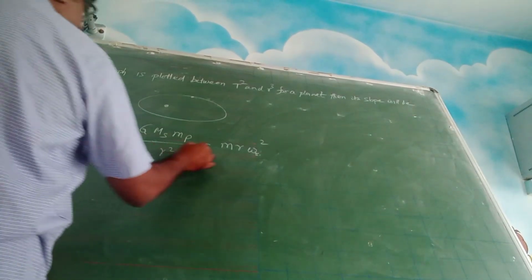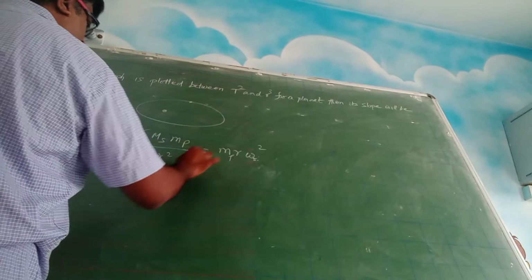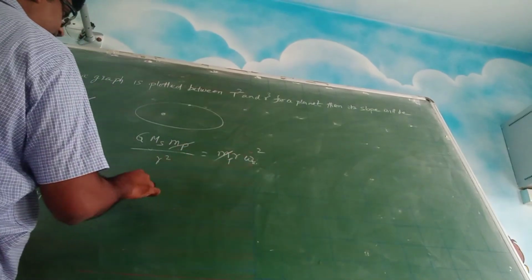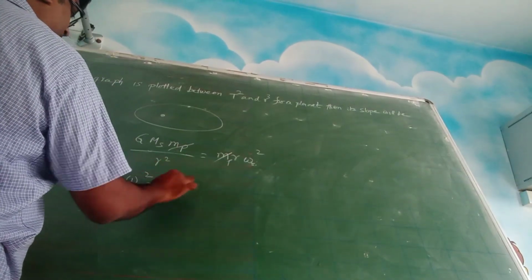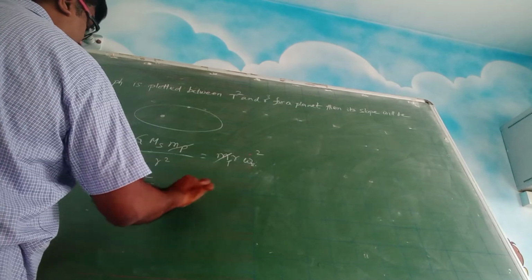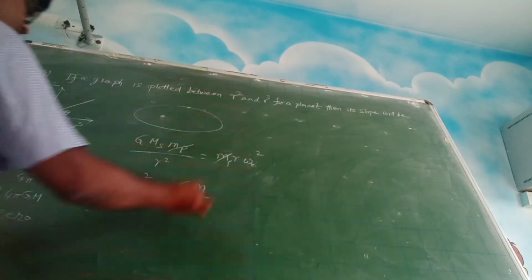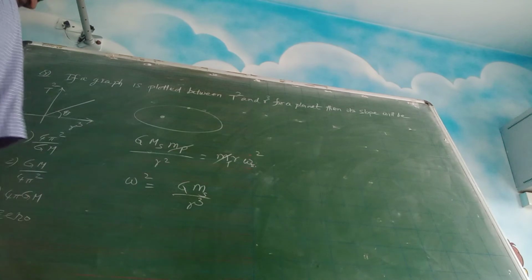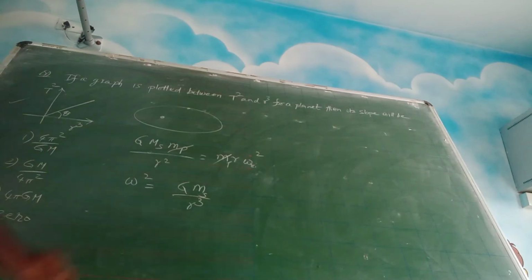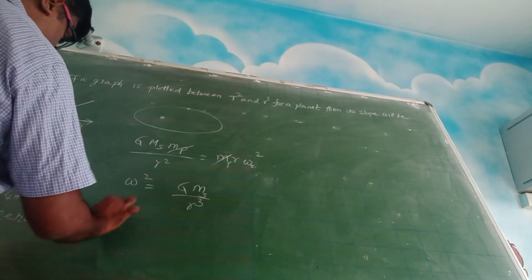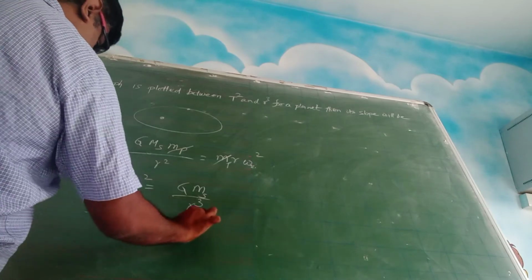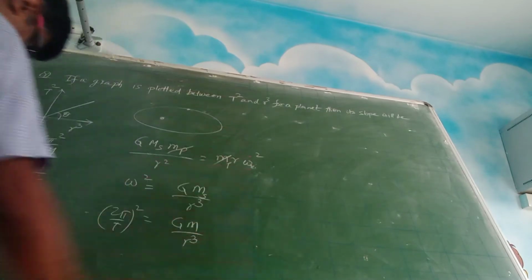So here this mass is what? Mass is mass of planet only. So this and this is gone. So you are getting here omega square is equal to GM by r cube, where M is the mass of the sun, let's say. So this is 2 pi by t whole square is equal to GM by r cube.